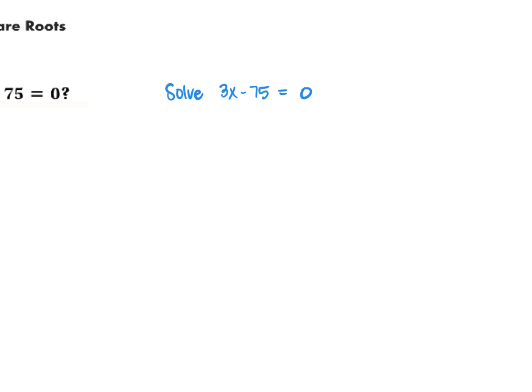So the first thing you'd want to do is add 75 to cancel out the minus 75, but you have to do it on both sides of the equation. And so then what that would give you is a canceled out here, and you'd be left with 3x, and then equals, and then on the other side you get 75.